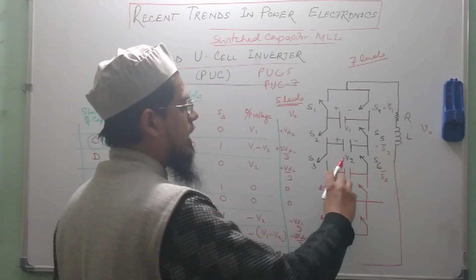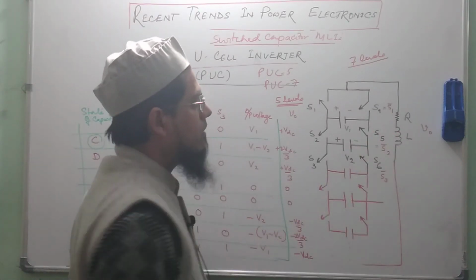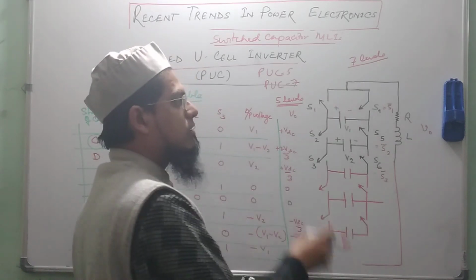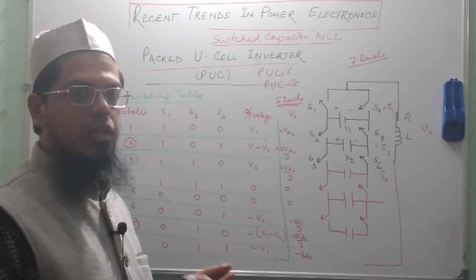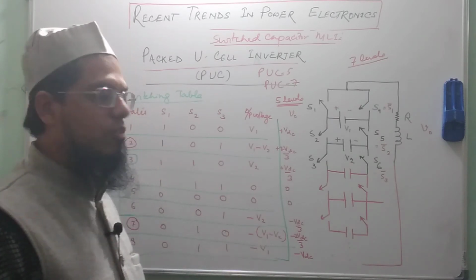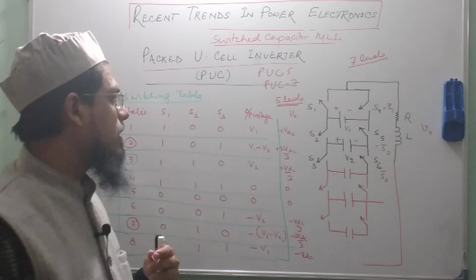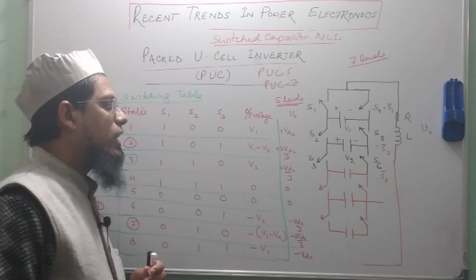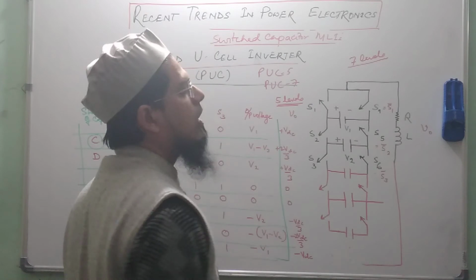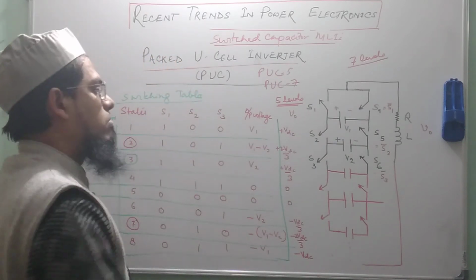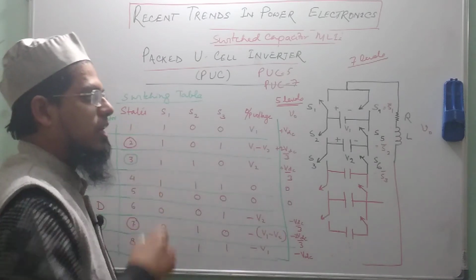So, I am just enhancing voltage level by adding this U cell in the existing inverter configuration. You could see the quite modular nature of this inverter, and we can now generate a large number of levels in the output voltage by generalizing this circuit.